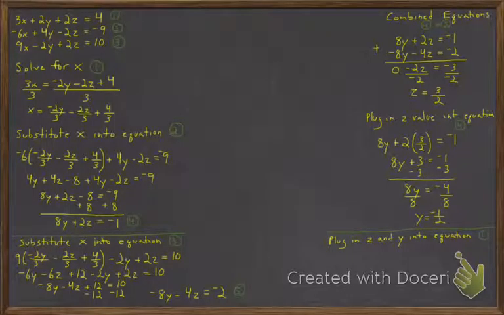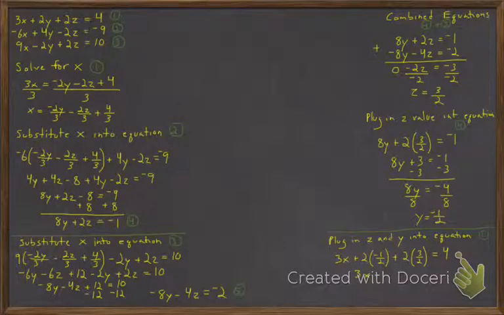And what we get is 3x plus 2 times -1/2 plus 2 times 3/2 equals 4.